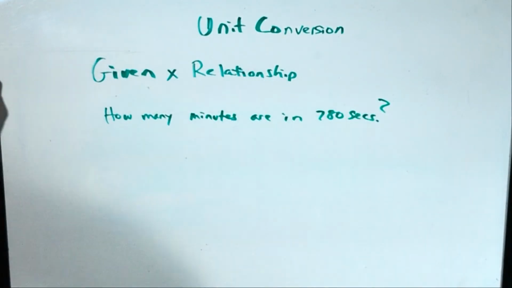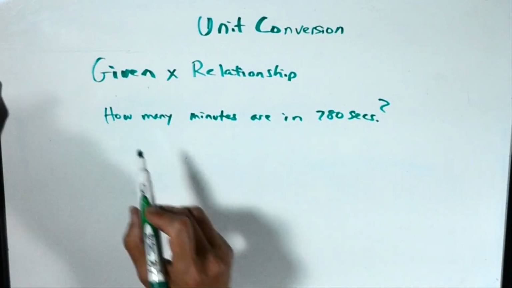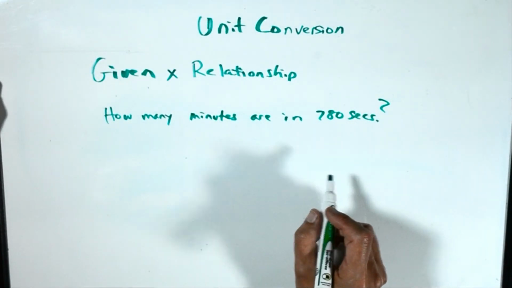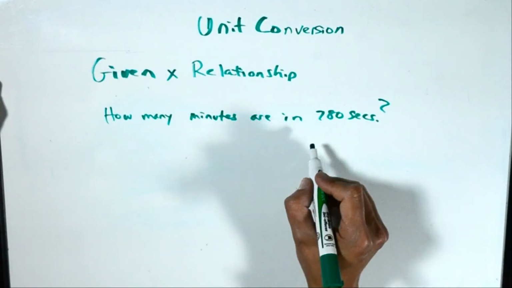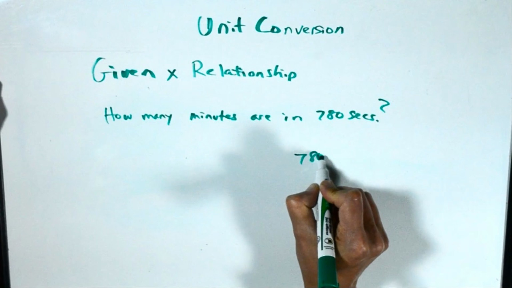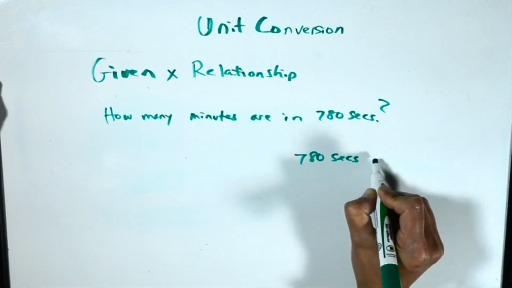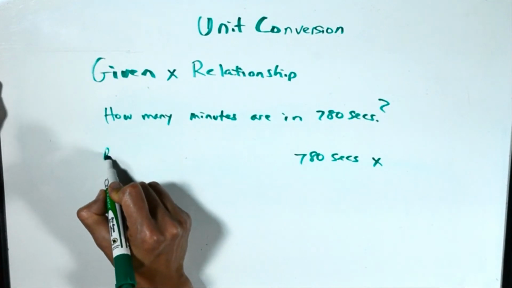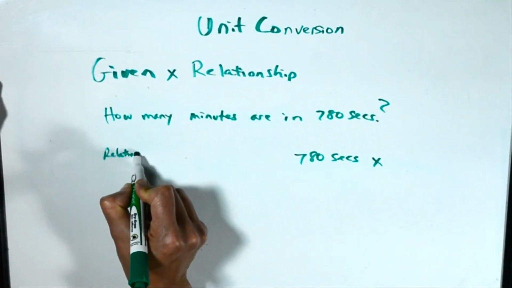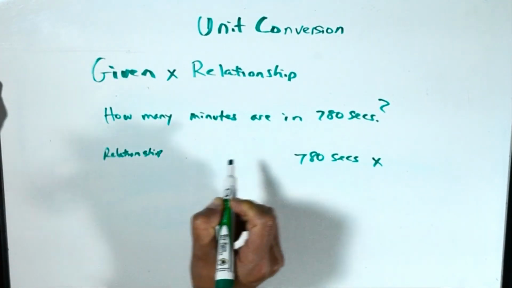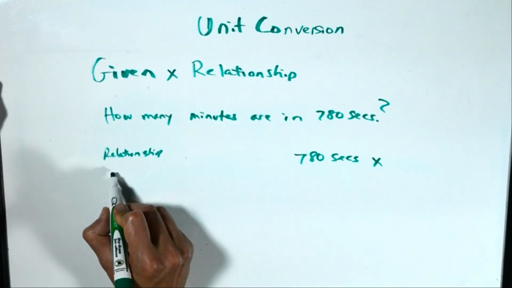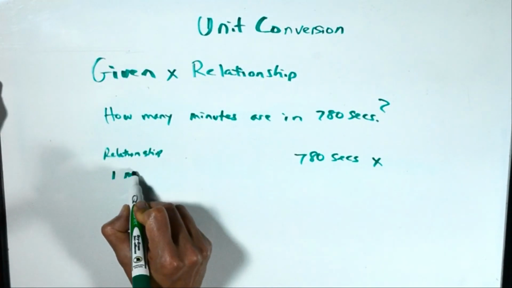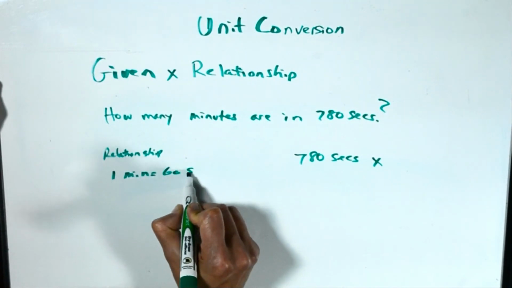Okay, so we're looking for minutes. So first of all, we start off with what's given to us, right? It's 780 seconds. That's what's given. We're going to multiply by the relationship. Now the relationship is we have 1 minute equals 60 seconds.